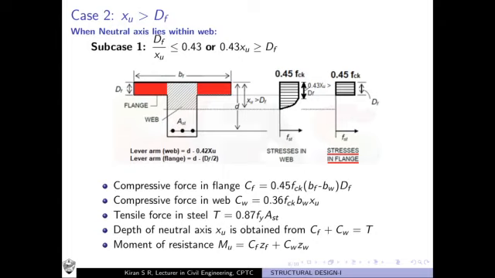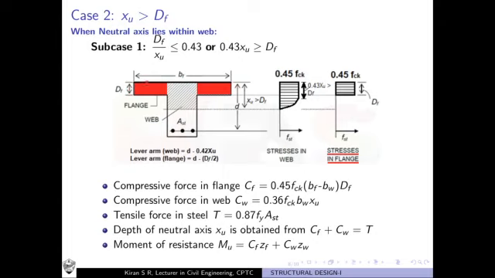The moment resisted by flange portion is equal to the compressive force at the level of flange into the lever arm posed by the flange. Lever arm due to flange is d minus df by 2. So d, this is d, minus df by 2. What is df by 2? Half the depth of flange.